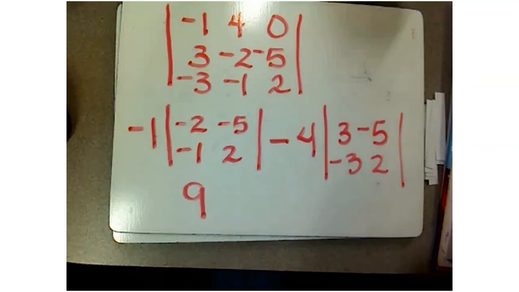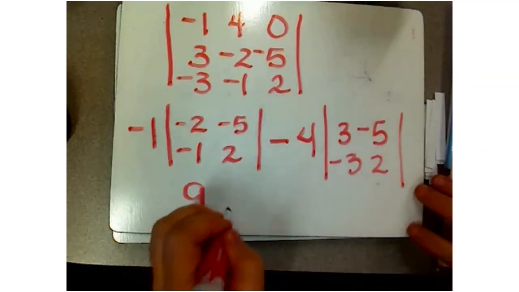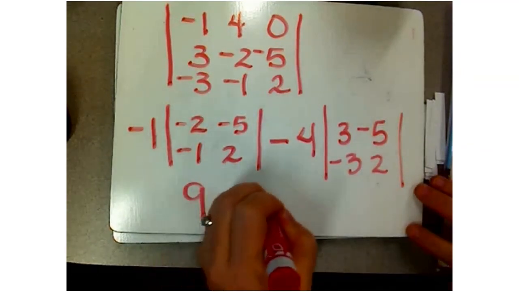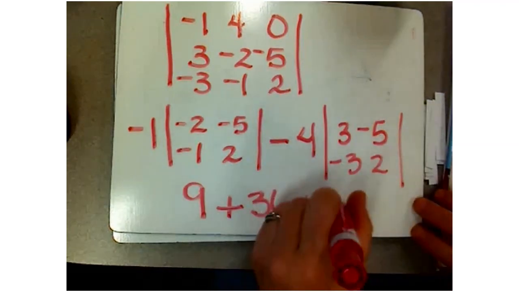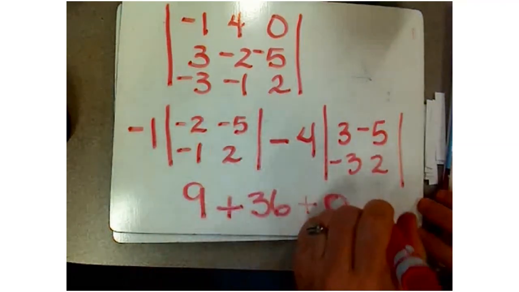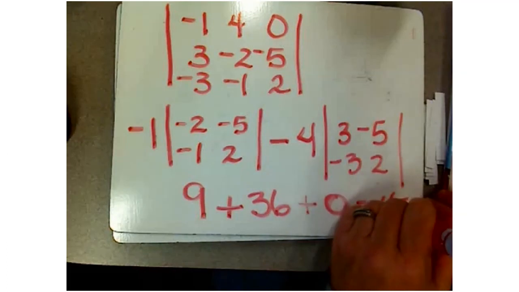What is negative 4 times negative 9? Positive 36. And our third element is 0, so that's 0. What is 9 plus 36? 45.